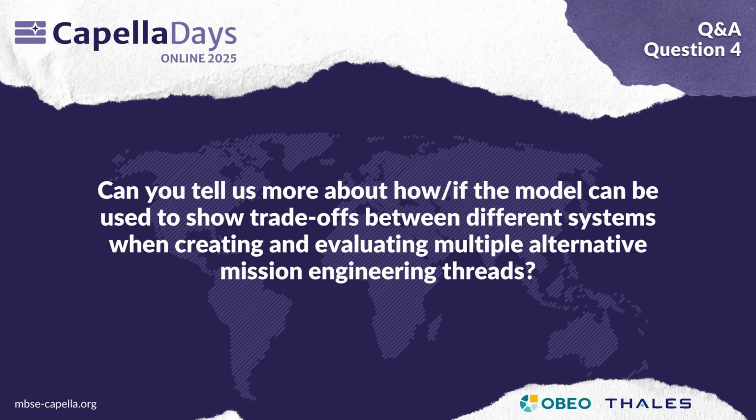It takes all the systems participating in the model, and we define the measures of effectiveness for the mission and the measures of success for the mission, and then we map how the different architectures enable the achievement of the mission based on the measures of success.